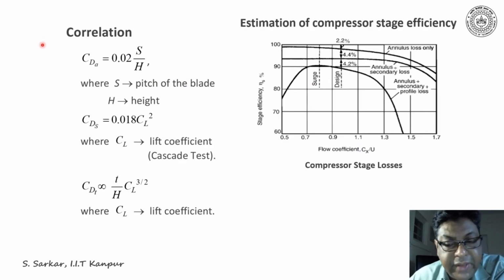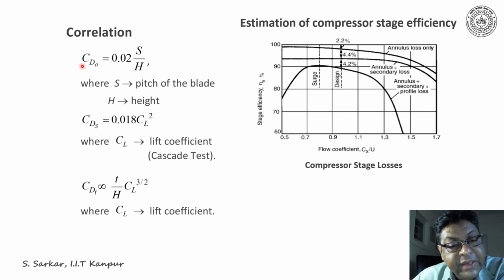The following correlations have been established for annulus loss coefficient, secondary flow, and tip clearance loss, while for profile loss we depend on cascade test. Thus, through cascade test, CL, that is lift coefficient, and CD, the drag coefficient, are established apart from total pressure loss.